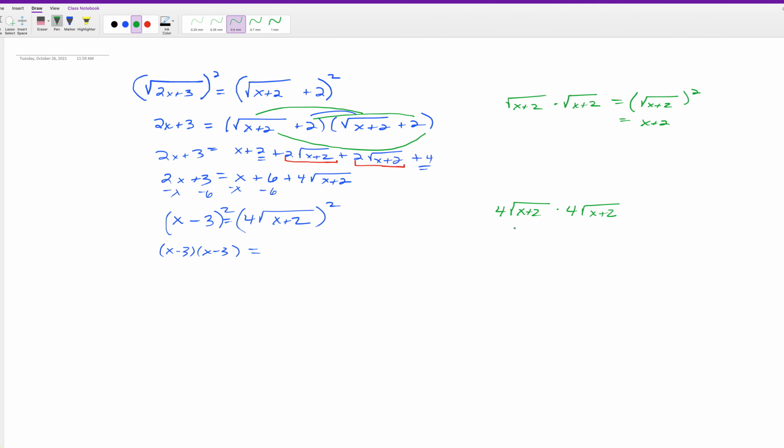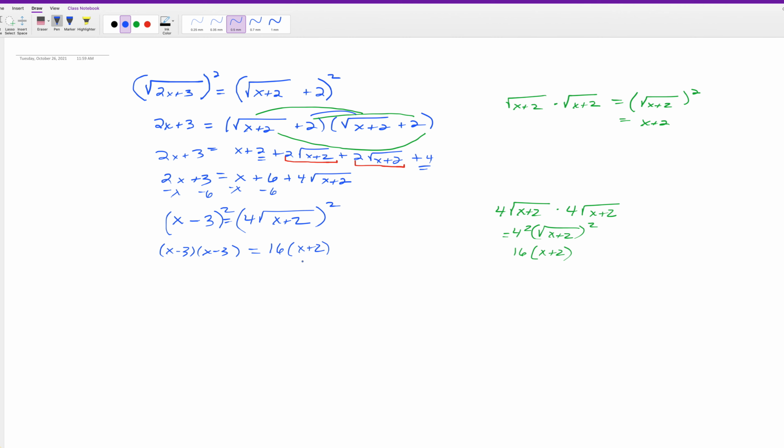So 4 times 4, or 4 squared, and square root x plus 2 times square root x plus 2, remember, something times itself is just squared. So really what happens is this 2 applies to both of these things, both to 4 and the square root of x plus 2. 4 squared is 16, and that square is going to undo that radical, so that's what I'm left with. So when I square this side, I'm left with 16 times x plus 2. So be careful with that.